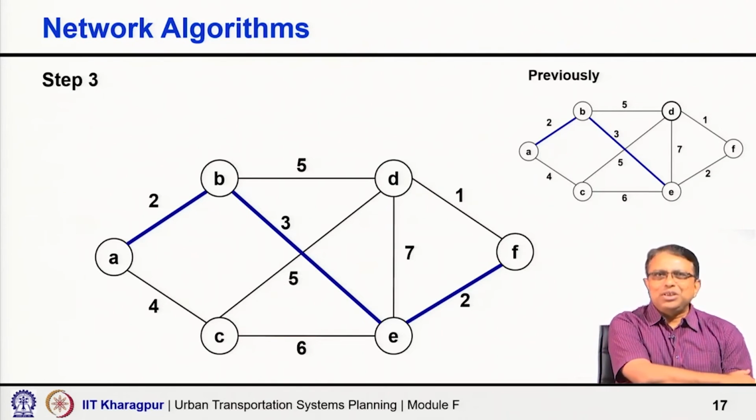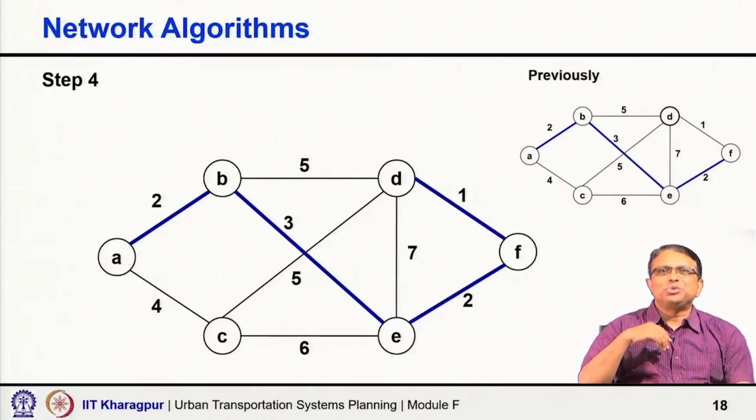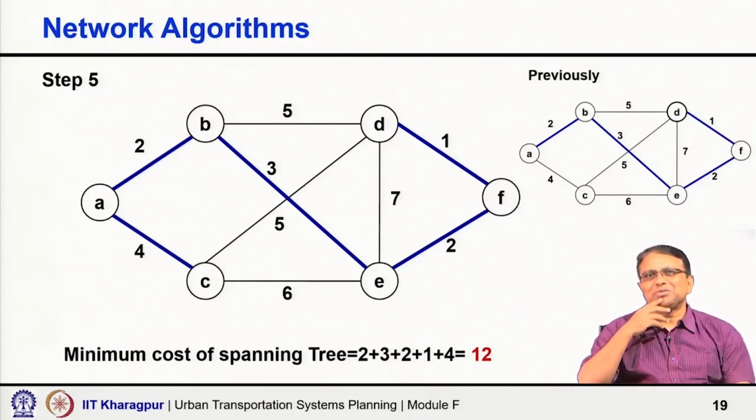Obviously, the next choice here is going to be F to D. Then, whatever are the remaining, the next is going to be A to C with 4, because the other things, B to D 5, C to E 6, E to D 7, are all higher than this 4.